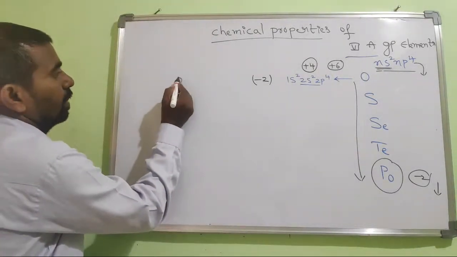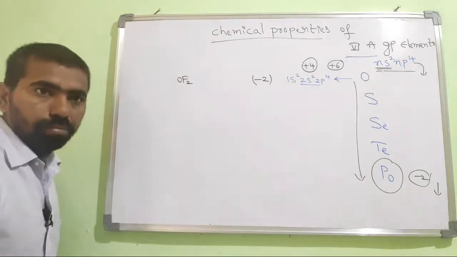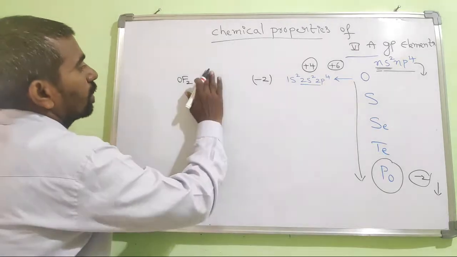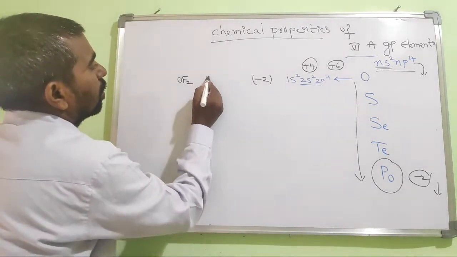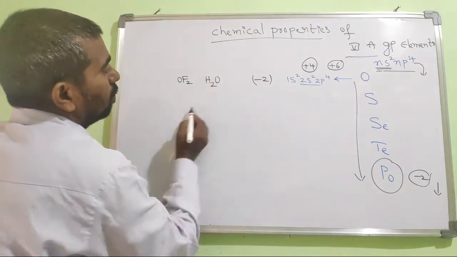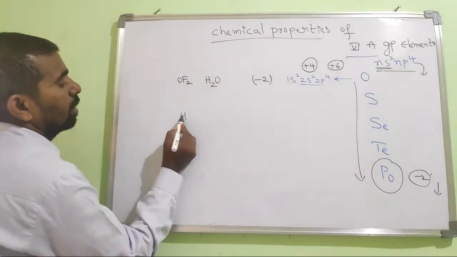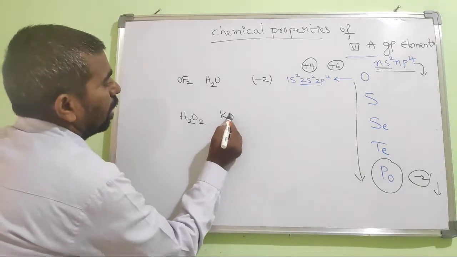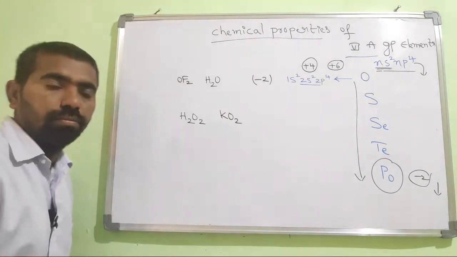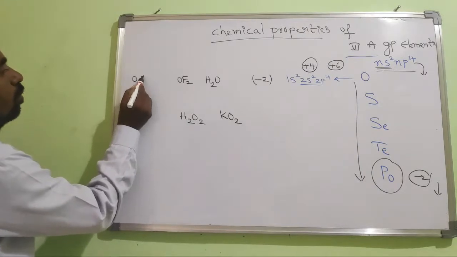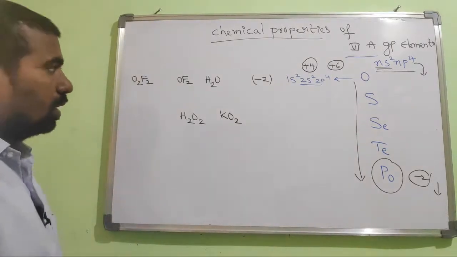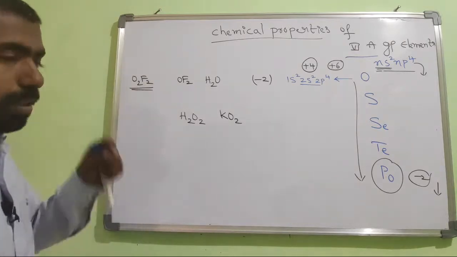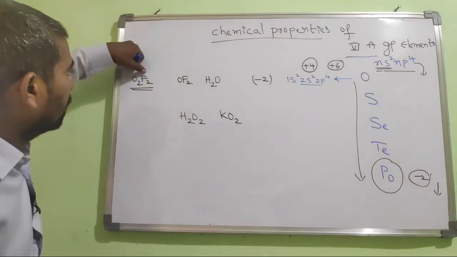For example, in OF2, and I am also writing H2O, H2O2, KO2, and O2F2. In OF2 and O2F2 two elements are there, oxygen and fluorine.